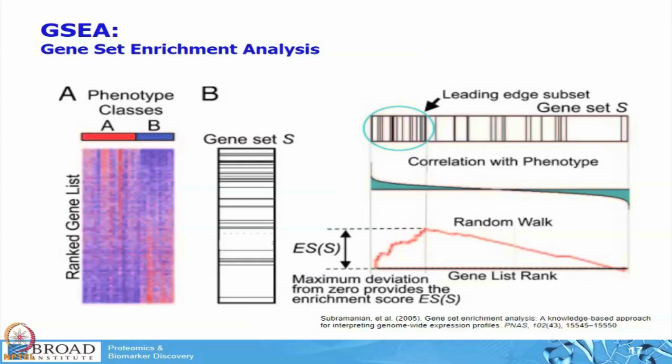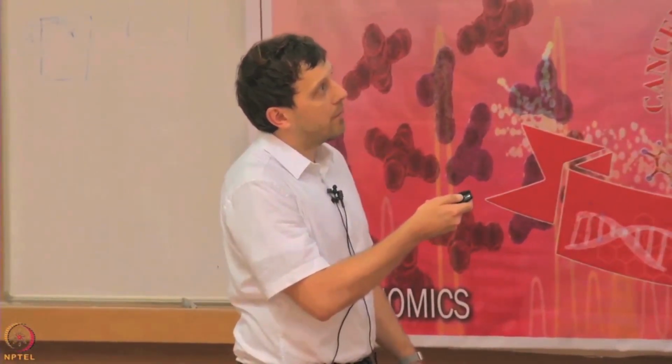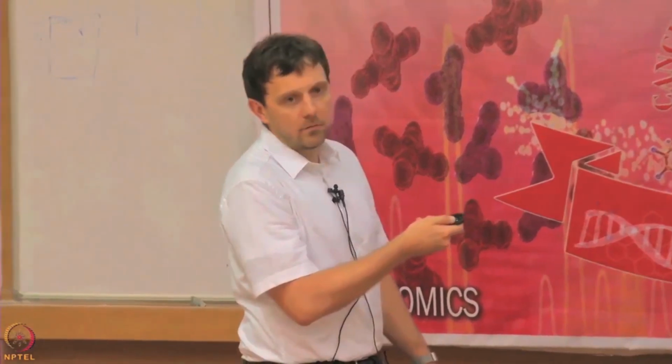So you have a list of ranked genes, and then you take your pathway of interest. This is just one pathway, and you look where in your ranked list of genes the members of this pathway fall. All of these horizontal bars are locations of members of this gene set in my actual data.